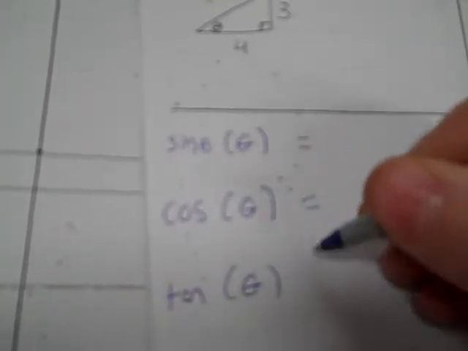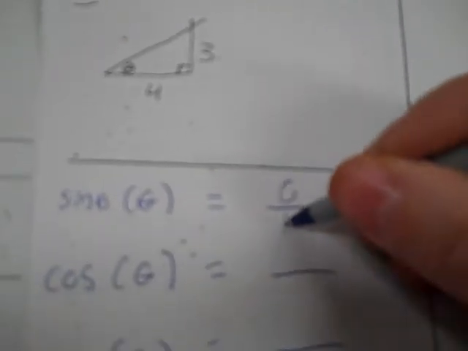And we got to find the 3 ratios that these are equal to. Okay. Well, I got to know what's what. Now remember, sine is the O over the H. The cosine is the A over the H. And the tangent is the O over the A. Okay. So just like you see here.